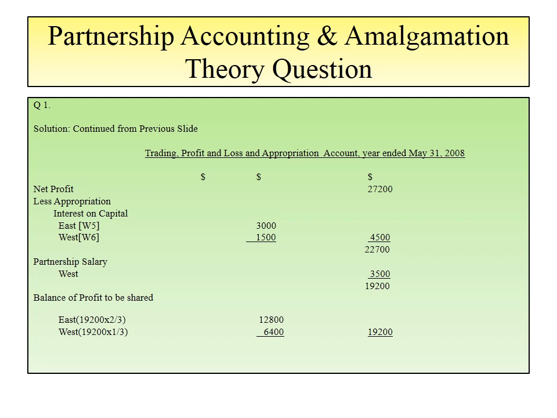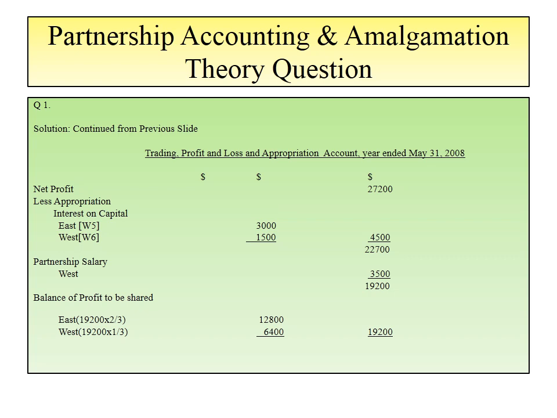Interest on capital for east is 3,000, and for west is 1,500, and the figures are worked up in the last slide. Please go and check it. The total interest on capital is 4,500, and this figure is deducted from 27,200.